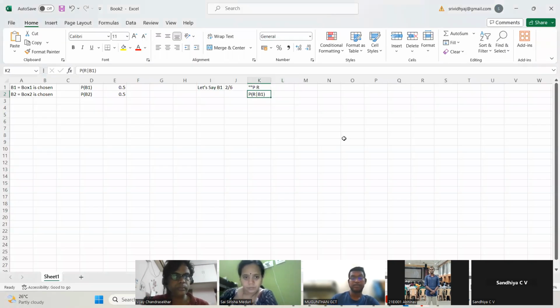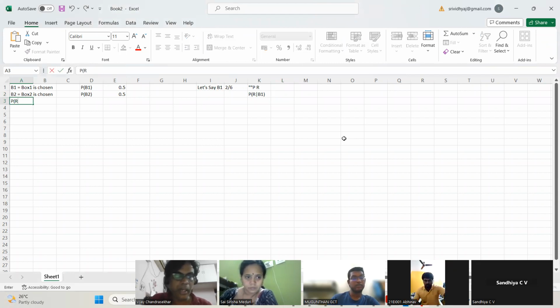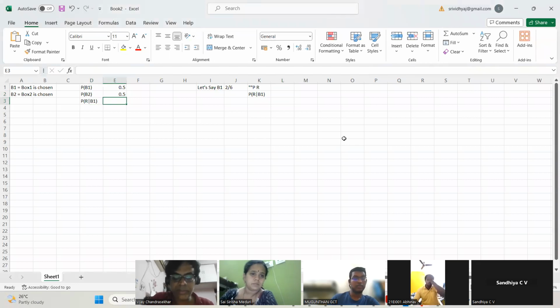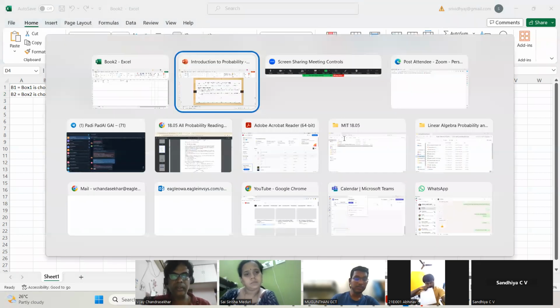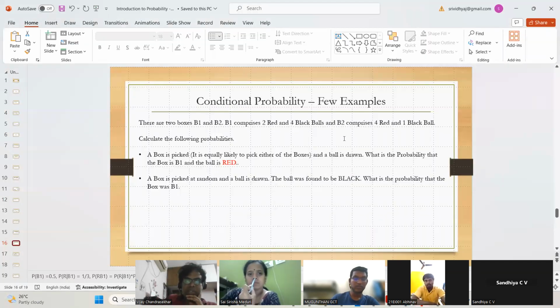So P of R, let me put it here, is equal to 2 by 6. Now, look at the question. What is the probability that the box is B1 and the ball is red?